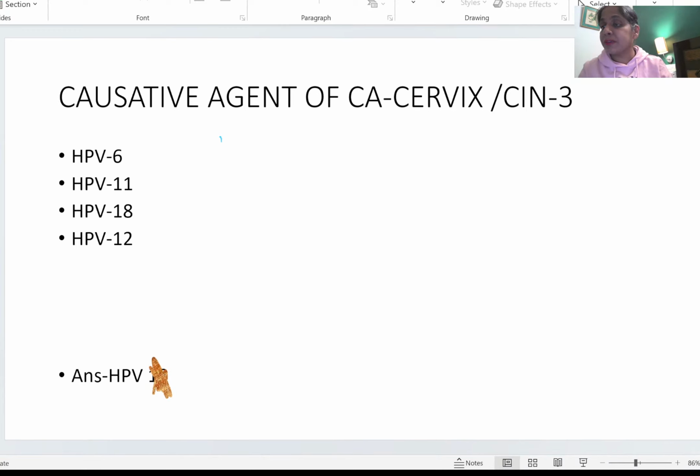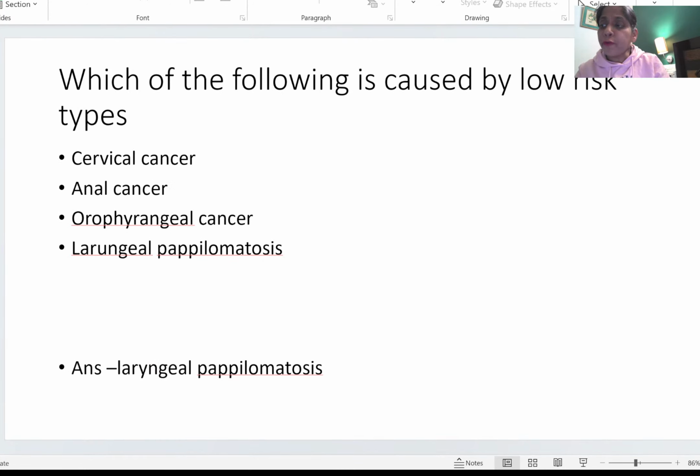Please mark the answer for this. Causative agent of CA cervix or CIN3. Please write down in the chat box the answer. The next question is, which of the following is caused by low risk type HPV?